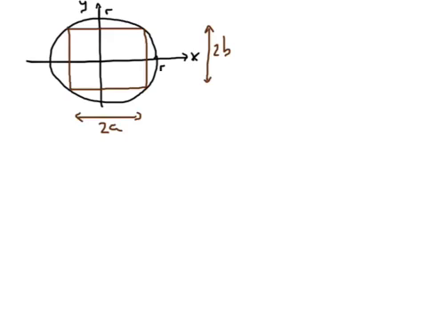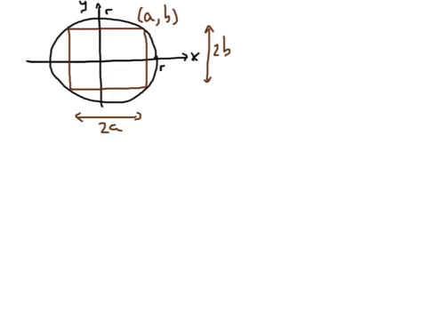So to continue, all I've done here is draw our graph again, a circle centered at the origin of radius r, and I've put in a rectangle here of width 2a and height 2b. That means that the coordinates of the point up here in the corner, say, is going to be x coordinate a and y coordinate b.